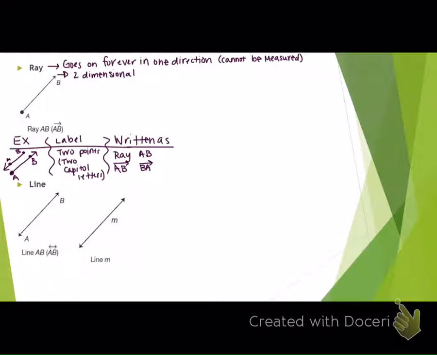What matters is that your arrow is always pointing to the right, and that you only have one arrow, not two, to signify that it's a ray, meaning it goes on in one direction forever. It does not matter which direction it's pointing on your paper, just always make the label go to the right.